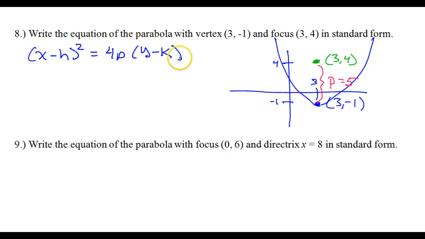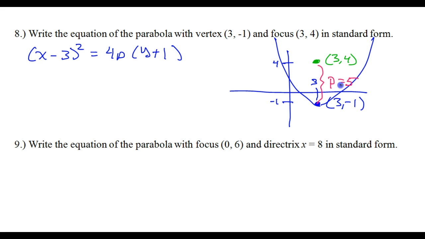Now the h and the k are the vertex. So since this is 3, then my h is 3. So I'm going to put the 3 in there. Since this is -1, then this will be like minus -1. So it'll be +1 for the k value here.